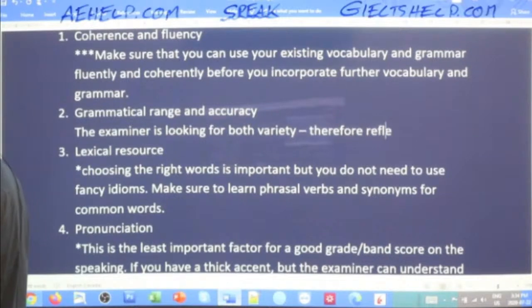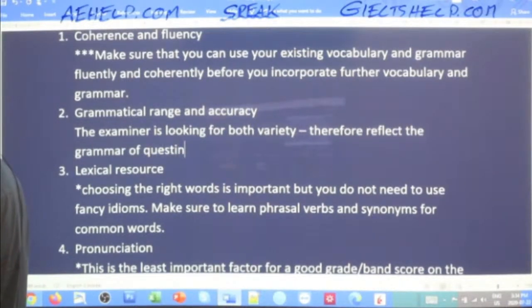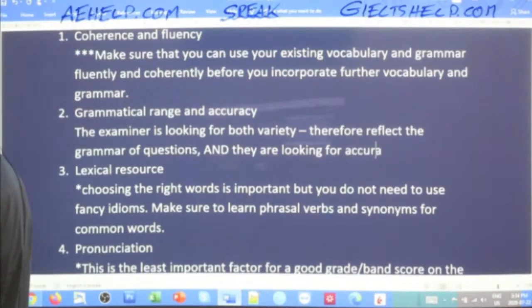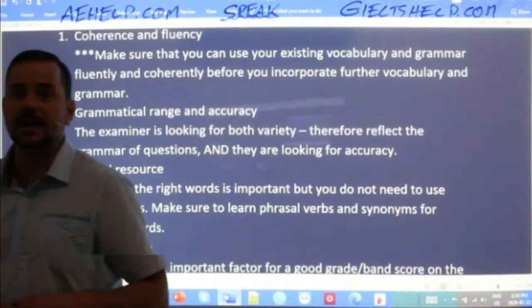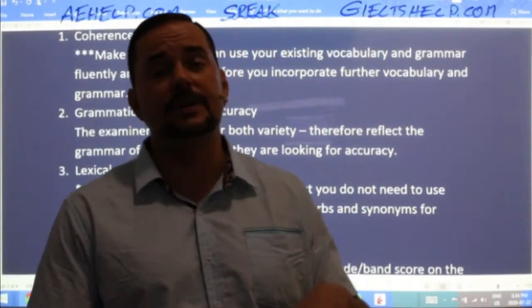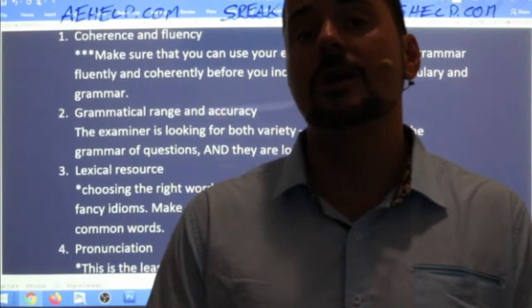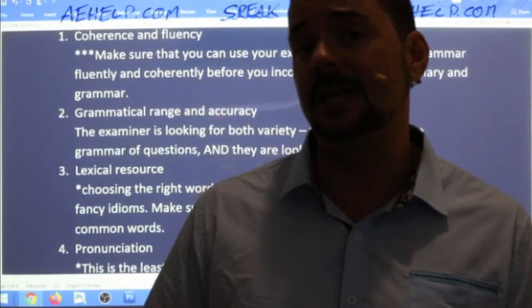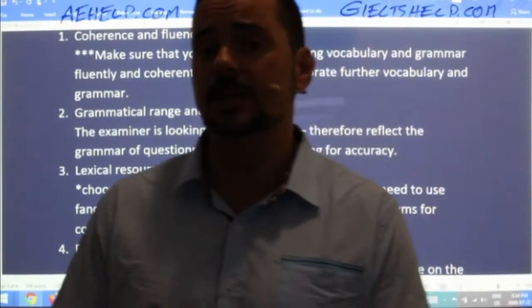Reflect the grammar of the questions. Okay, that's very important. If the question is present perfect, use present perfect. And they are looking for accuracy. So that means that if you're using lots of present perfect and lots of other grammar, but you're not using it accurately, you're not getting points. In fact, you're losing points.